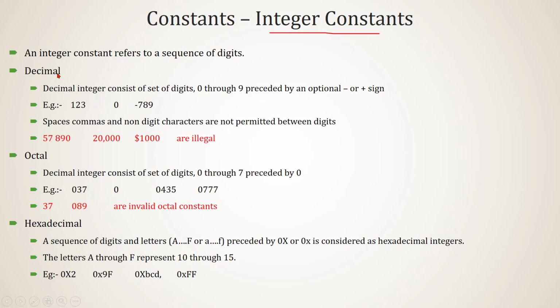Okay, similar to decimal, we have octal. Deca means 10, so decimal numbers are a combination of 10 symbols: 0, 1, 2 up to 9.